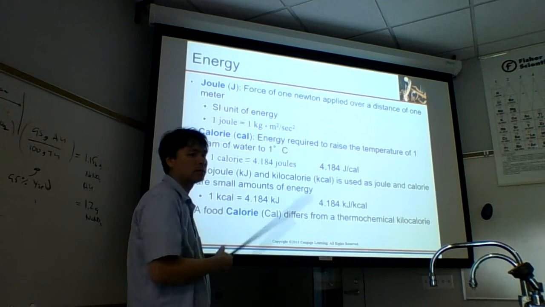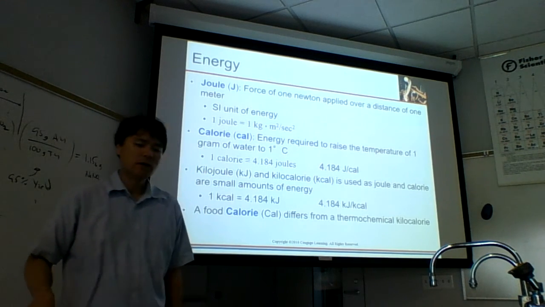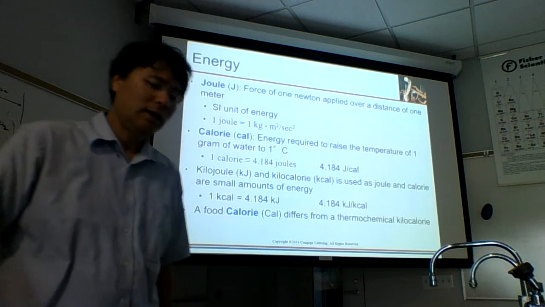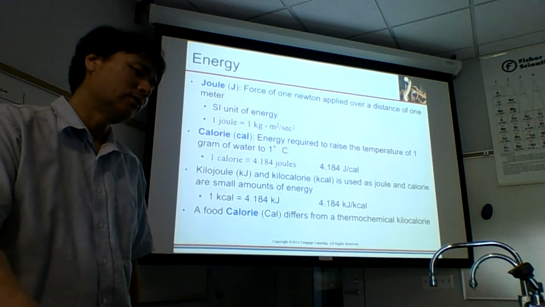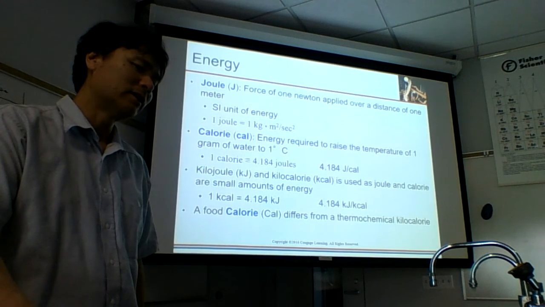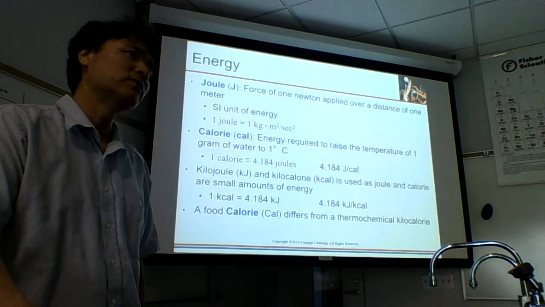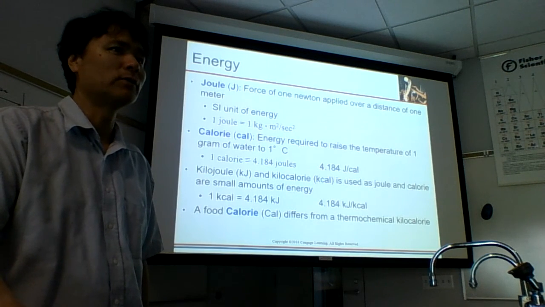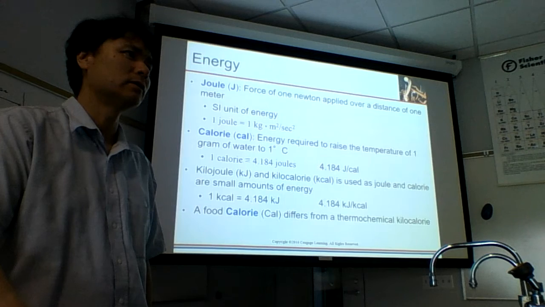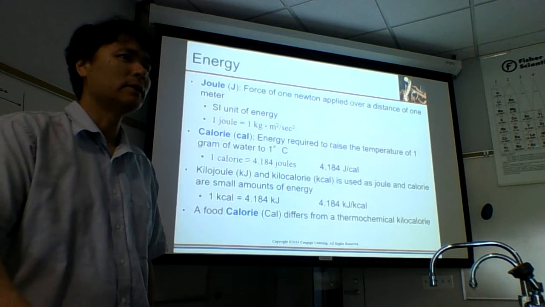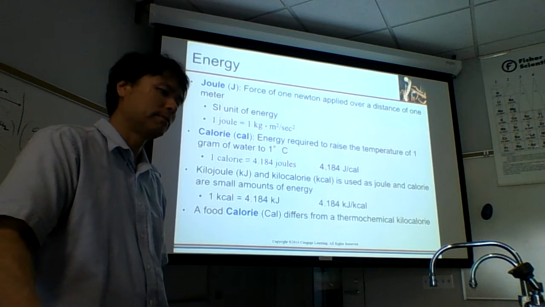So there are 1,000 chemical calories in a food calorie. Let's say you have a low calorie beverage that is 1 calorie. Well, it's not really 1 calorie. It's 1,000 calories. It depends on how closely you want to look at it.